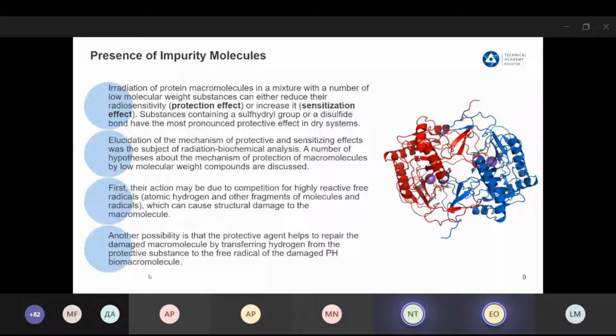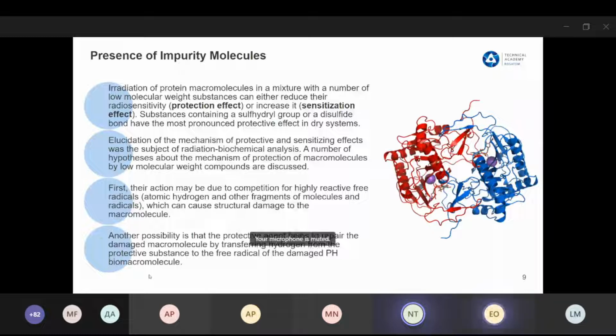Elucidation of the mechanism of protective and sensitizing effect was the subject of radiation biochemical analysis. A number of hypotheses about the mechanism of protection of macromolecules by low molecular weight compounds are discussed. First, their action may be due to competition for highly reactive free radicals, which can cause structural damage to the macromolecules.